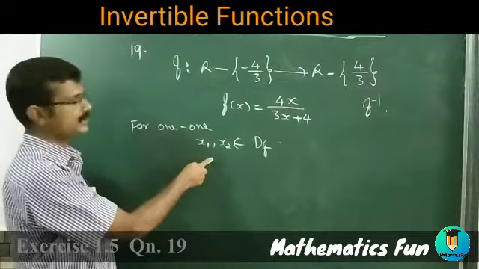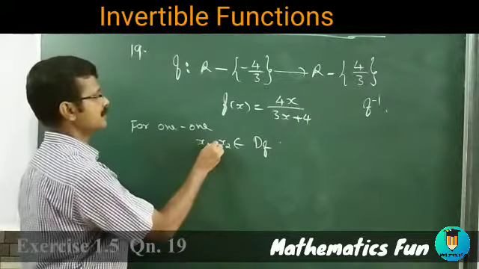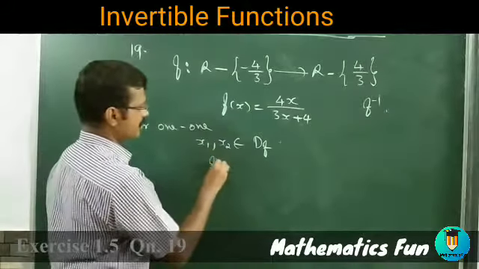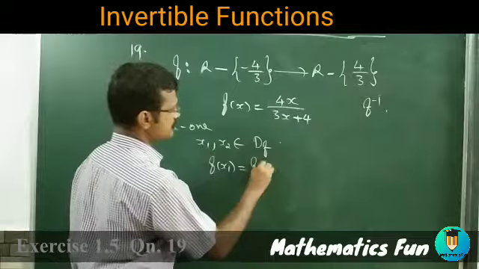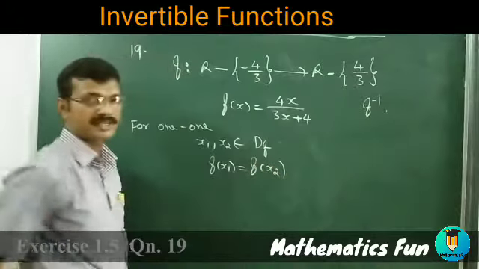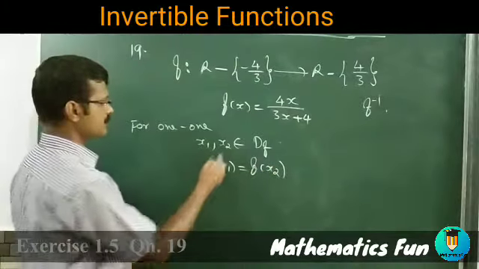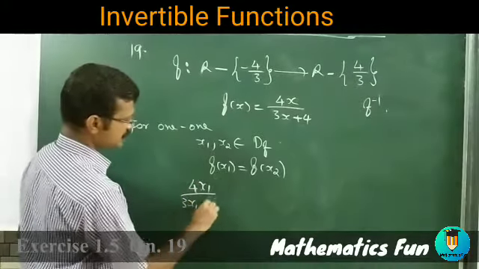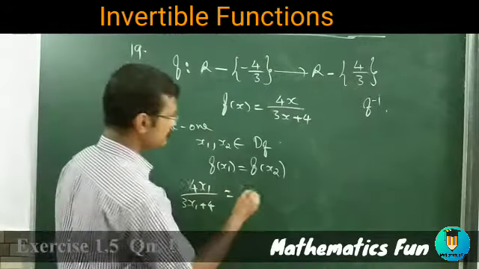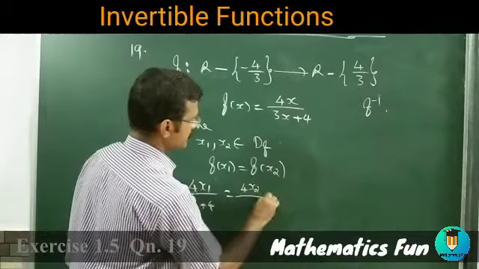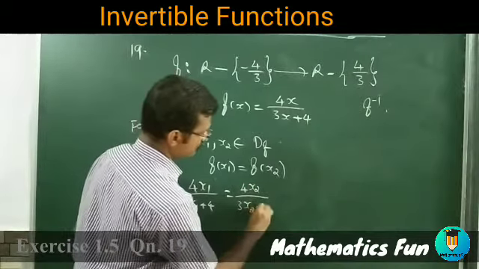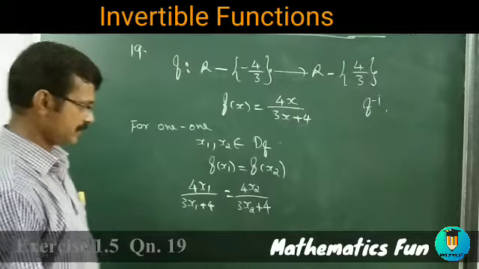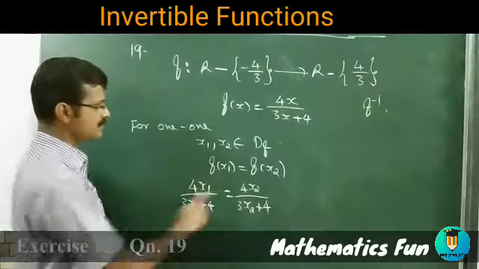Assume fx1 is equal to fx2. Our normal algebraic simplification, we can do it very fast. Since you already know how to prove one-one, if you have doubt, go through the previous videos.